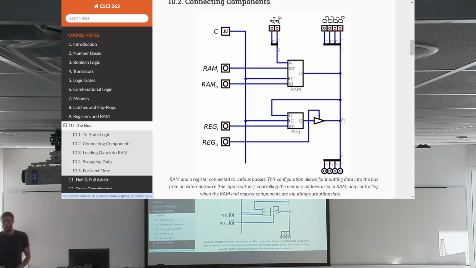I have 4 data lines and 2 input lines. Can anyone tell me what the shape of this RAM would be? A box, yeah, sure. But maybe my question's unclear. Remember how much data can be stored in each memory address based on what you see here?